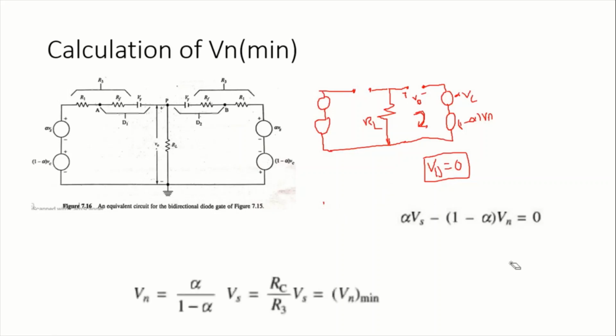From this we can find Vn equals alpha by (1 minus alpha) into Vs. This is the minimum value of control voltage Vn to ensure that both the diodes are reverse biased and the circuit works as a bidirectional sampling gate.